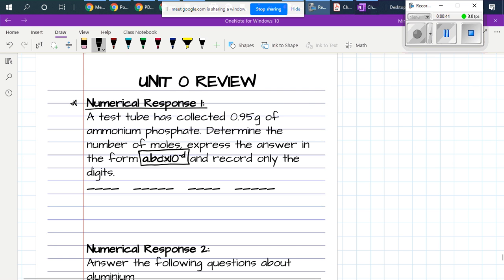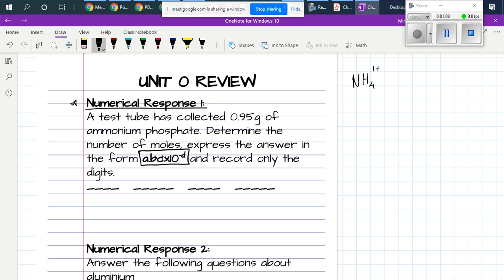Okay, so this is a question that has a lot of steps involved in it. First of all, the chemical formula for ammonium phosphate is not given there. However, ammonium is in your periodic table as NH4, a polyatomic ion, and it's +1.